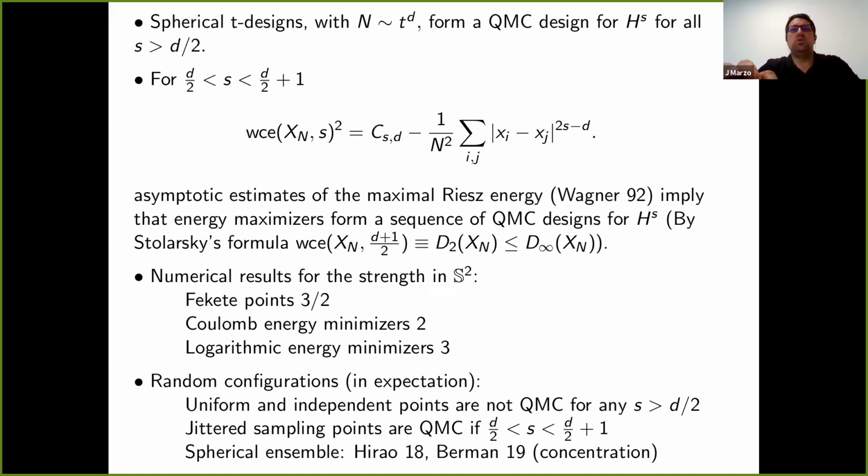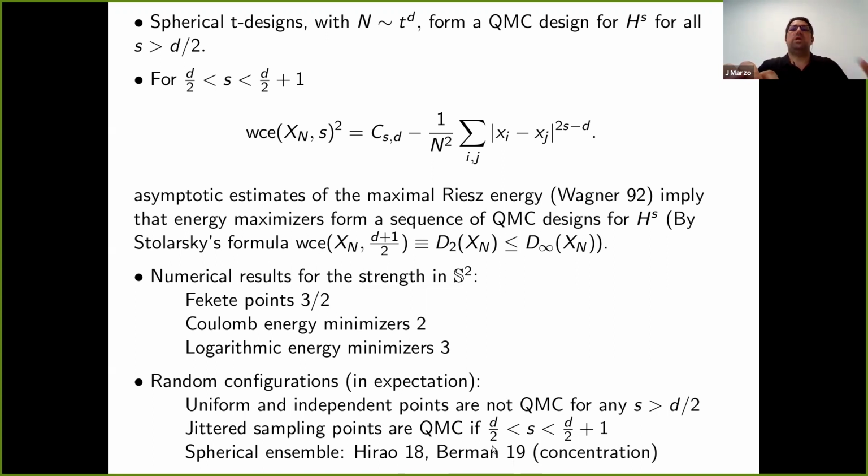And a kind of different approach was used by Berman to show that you can have even some results about almost sure configurations. Okay? Because these are basically just things in expectation.